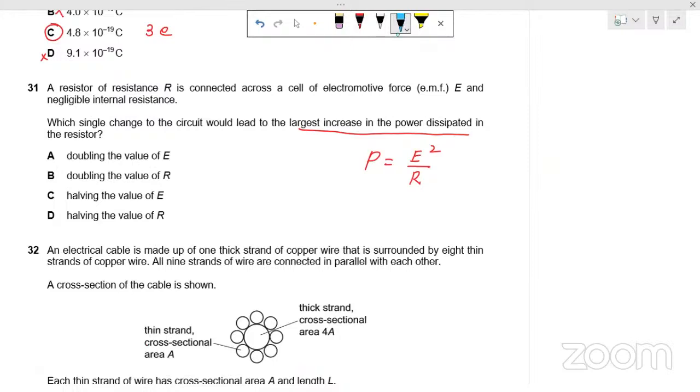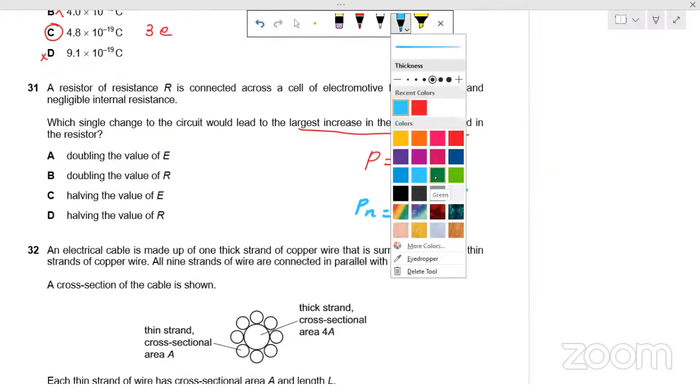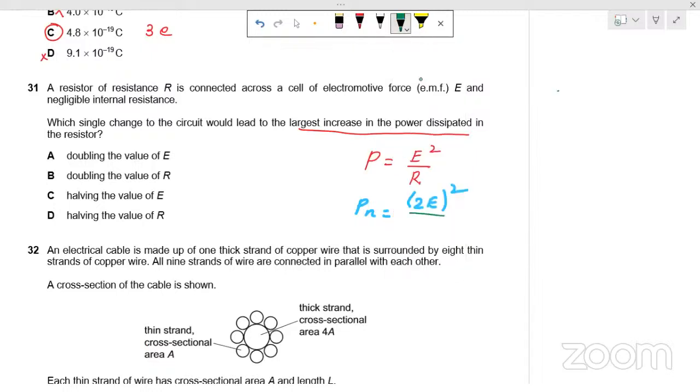If we double E, the new power is (2E) whole square divided by R, with R kept the same. So 4E square divided by R. The original power is E square by R, and the new power is 4 times E square by R.